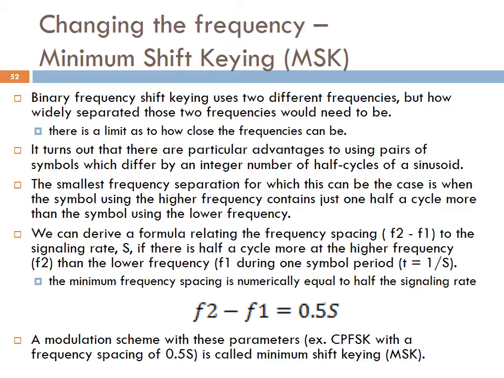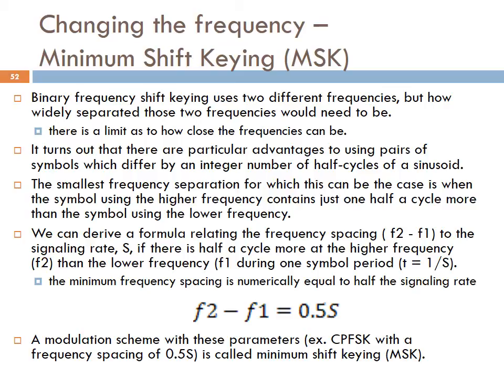We can derive a formula relating the frequency spacing f2 minus f1 to the signaling rate s, if there is half a cycle more at the higher frequency f2 than the lower frequency f1 during one symbol period. The minimum frequency spacing is numerically equal to half the signaling rate.